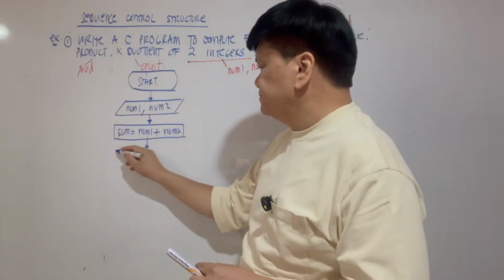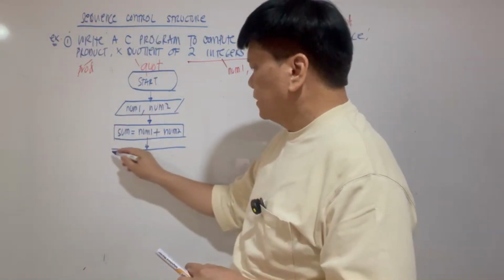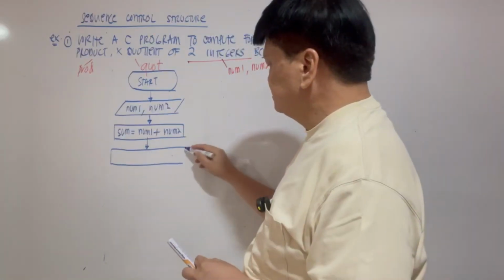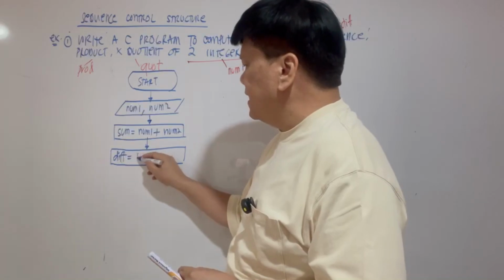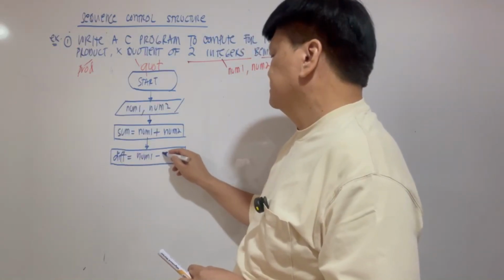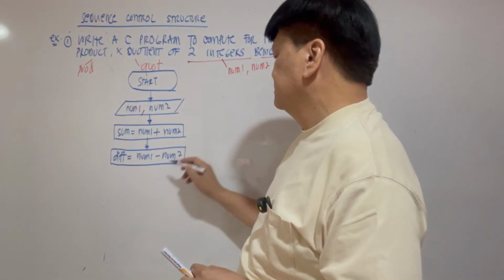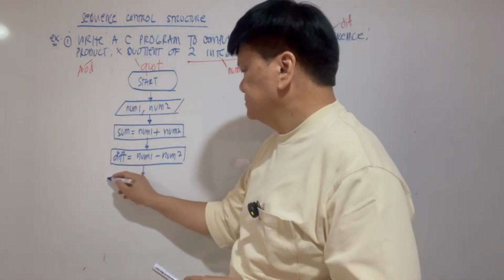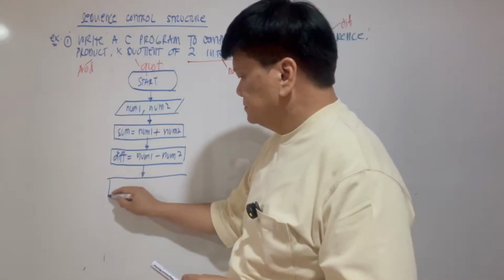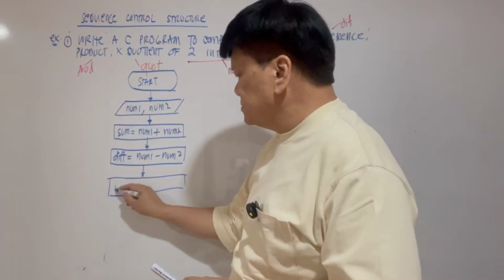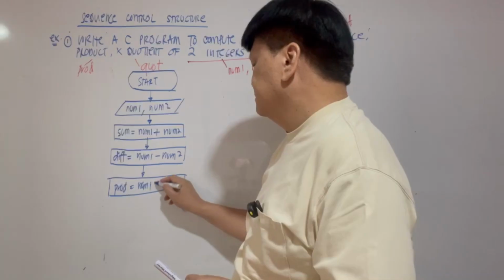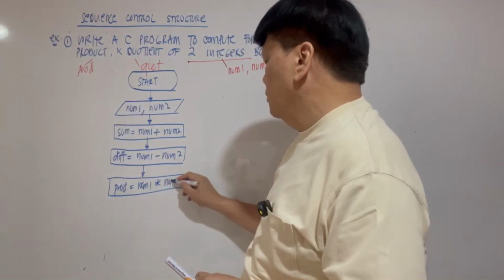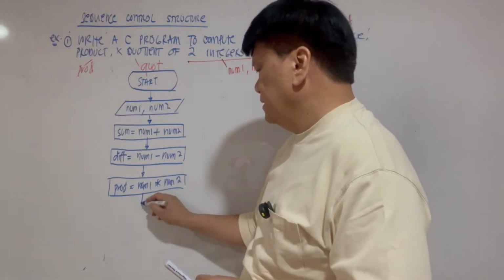Then we have diff for the difference. Then let us use this prod for the product, num1 times num2.